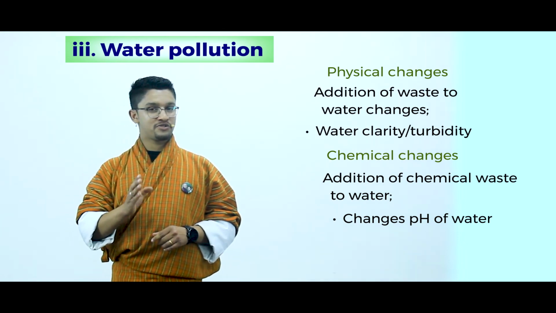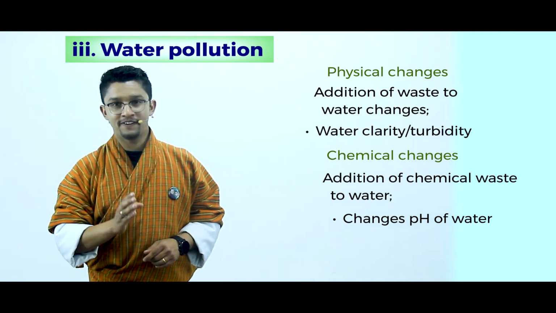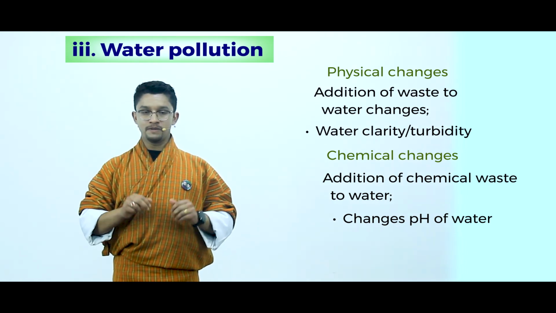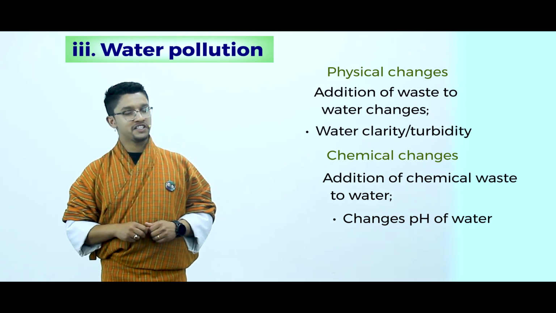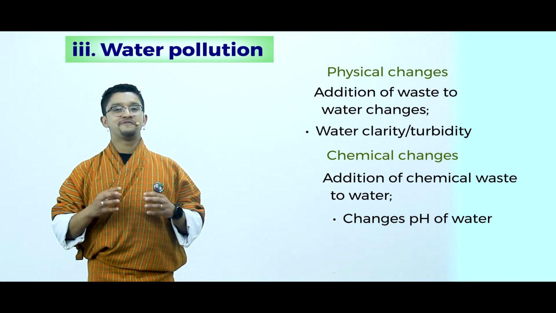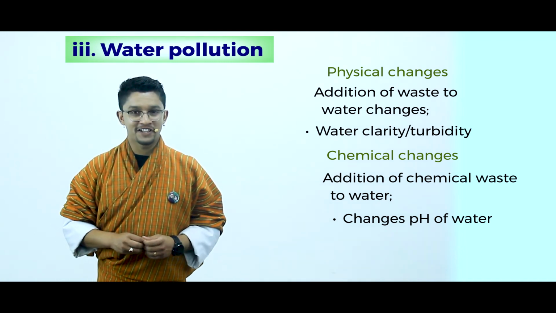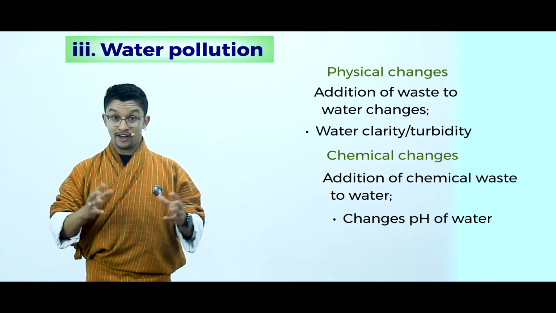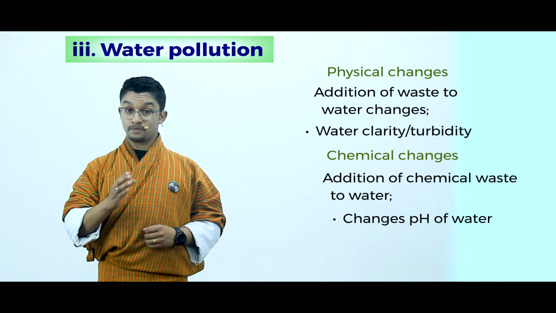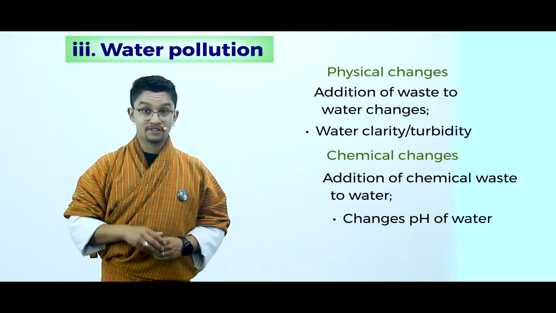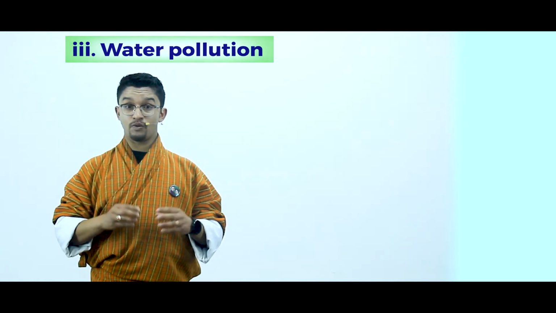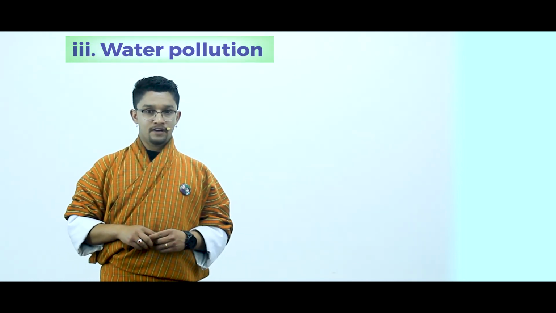And that leads to the modification of the biological property of water. In simple terms, biological property here means the variety of living organisms present in water bodies, the biodiversity there. And just because of the addition of some substances, it can lead to the loss of a lot of life forms in a water body.